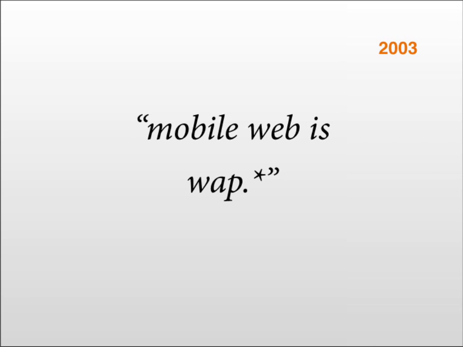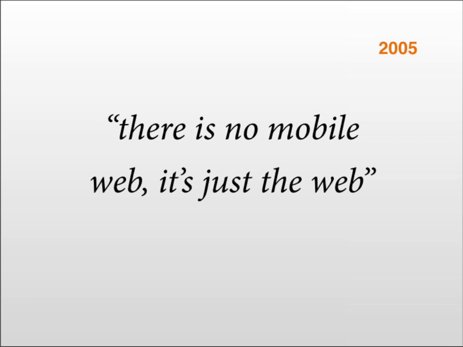A couple of years after that, basically an idea appeared that there is no mobile web, right? Just the web. There was even a name, the One Web. It's just one web. So that's basically true, right? We are just accessing the same Twitter account, the same Facebook account. We are reading the same newspaper, okay?